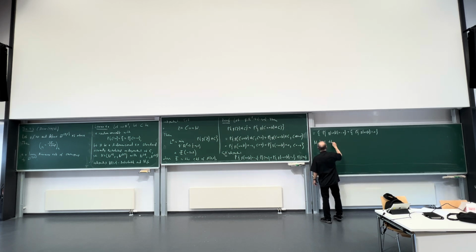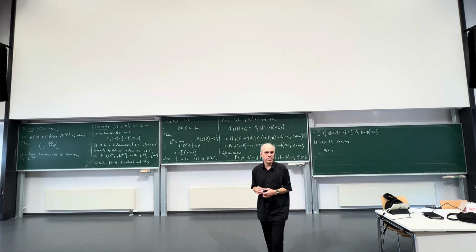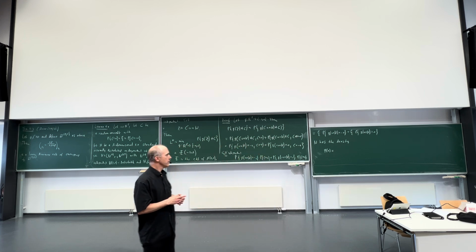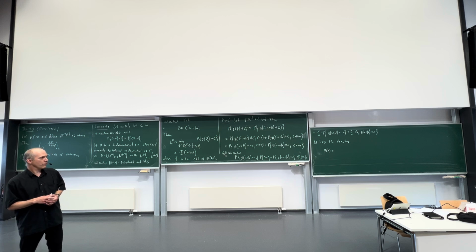N has the density, say phi, of x. And x has components x1 to xL here. What do we know about the density phi?